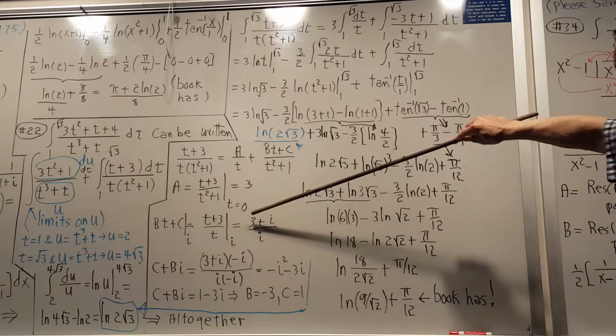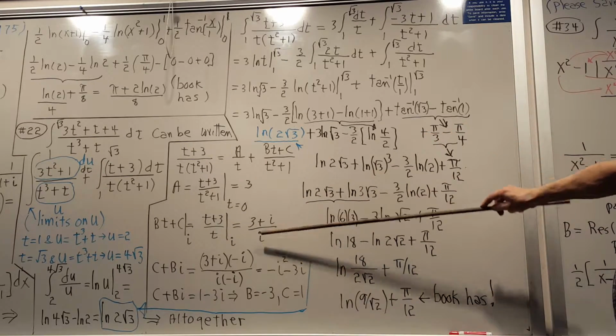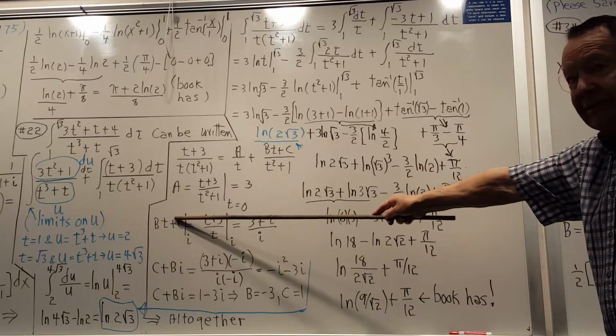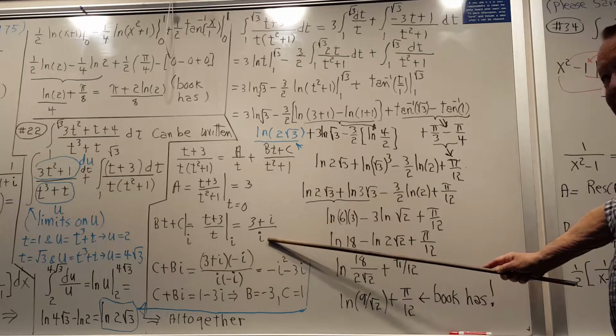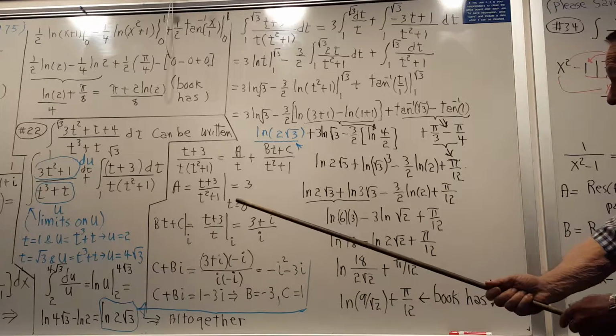So that would be 3 plus i over i. And again, to match this complex number to this one, you have to get standard form. You have to get the real denominator.